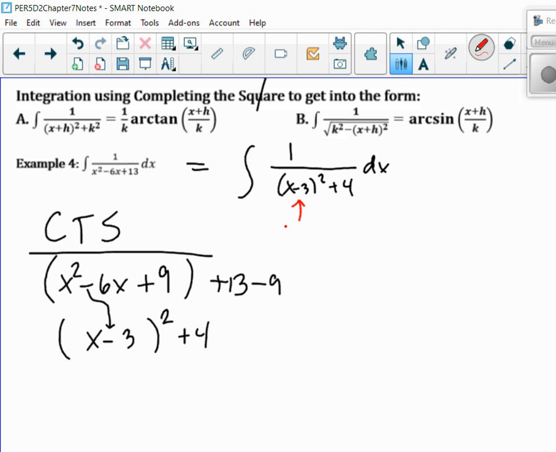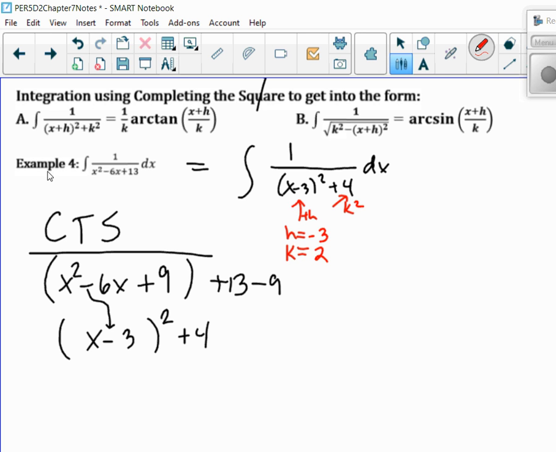What is my h? Minus 3. What is my k? Nope. 2. Because this represents k squared, right? And this represents plus h, so that means this has to be a minus 3.